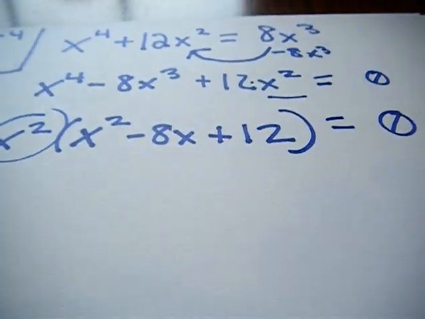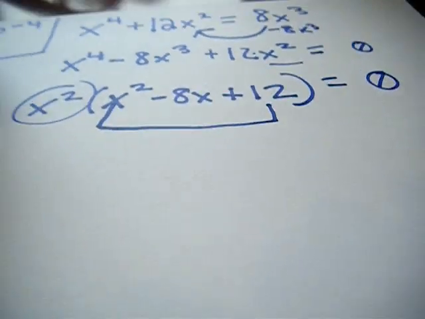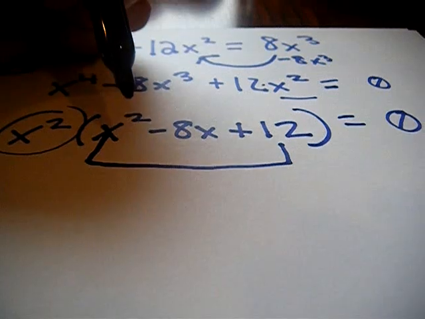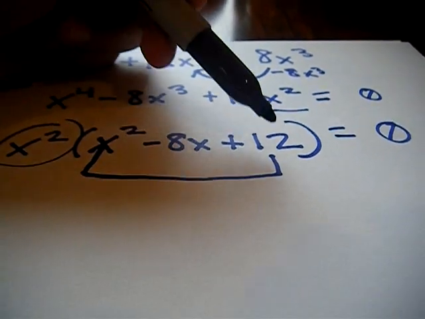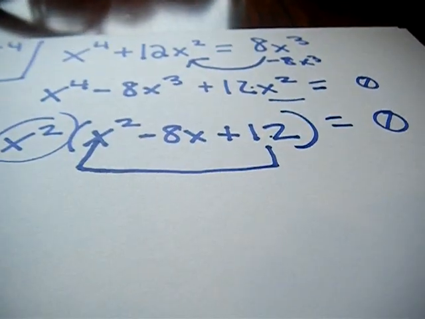So now we can factor this here by asking ourselves if there are two factors that multiply to get 12 and add or subtract to get negative 8.